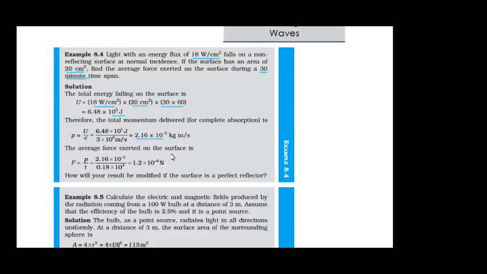The average force exerted on the surface F is equal to P by T, the momentum upon time. Put the value of momentum which you have found here upon the time value. So we get 1.2 into 10 to the power minus 6 Newton.